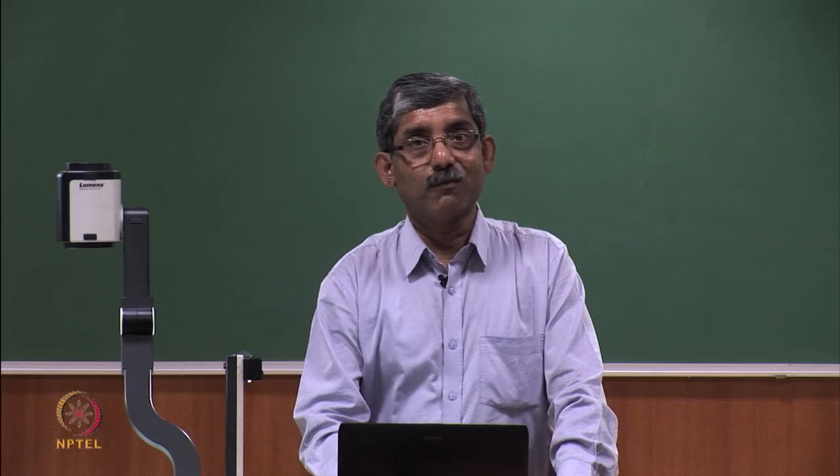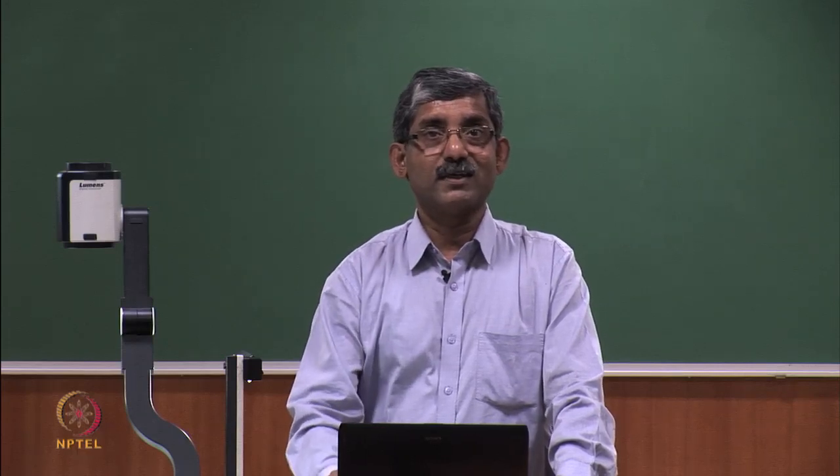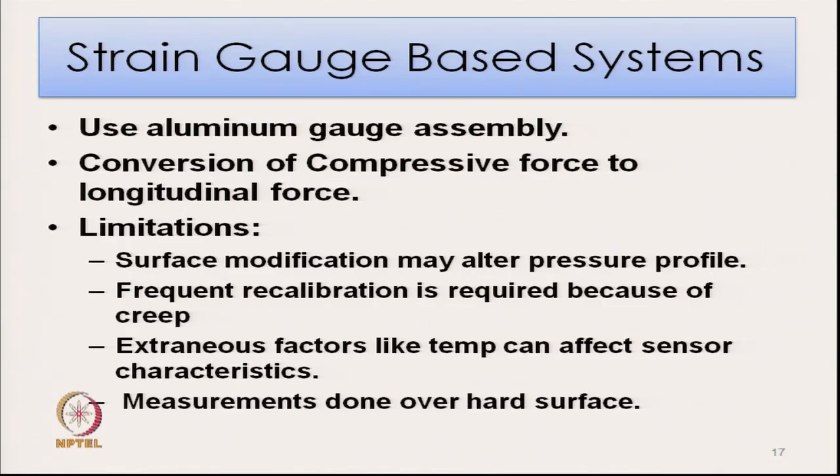The next principle of measurement of compression bandage is the strain gauge based principle, where an aluminum gauge assembly is used and conversion of compressive force to longitudinal force is required, and the limitation is that the surface modification may alter the pressure profile.